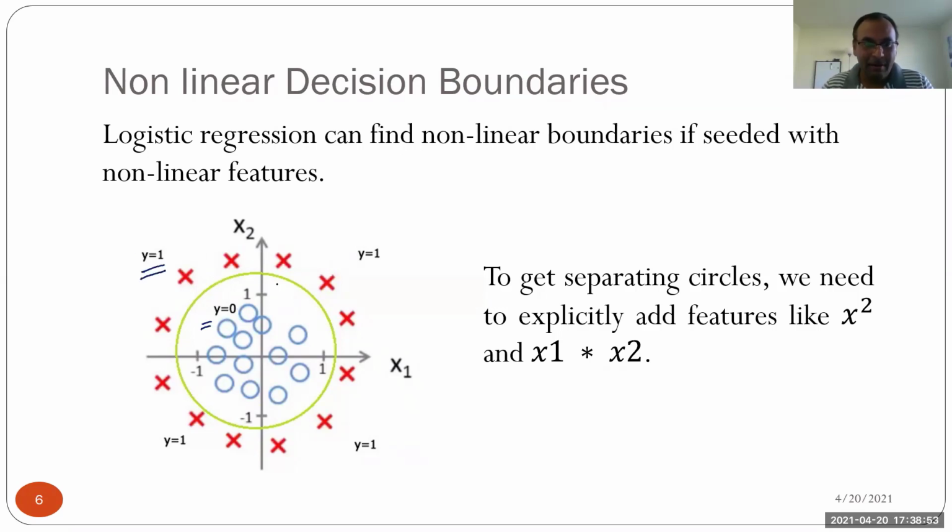Now we do have a decision boundary, but this decision boundary is not linear. You can see that this is a circle, right? So this boundary is separating the 2 classes. The rule is that if your data point happens to be inside this radius, then it is class Y0. If that data point is outside the circle, then Y is equal to 1, which is the red cross.